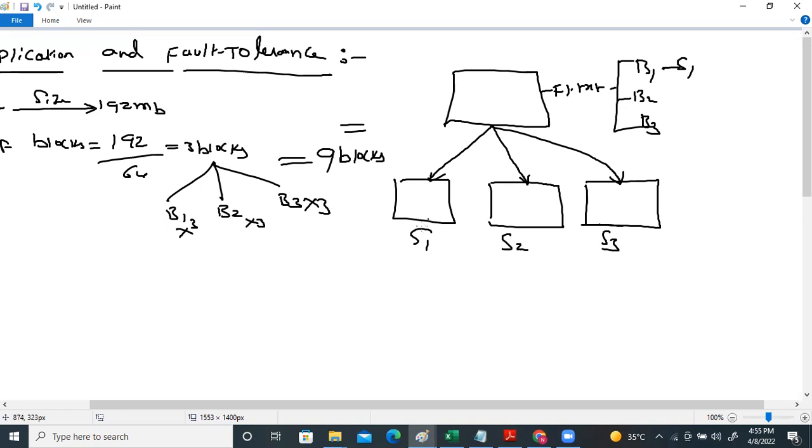Okay. B1 block here, B2 block here, B3 here. Again, B1, B3, B2, B3, B1, B2.